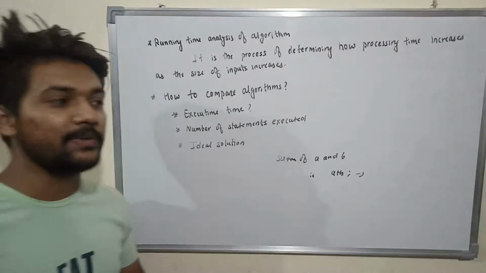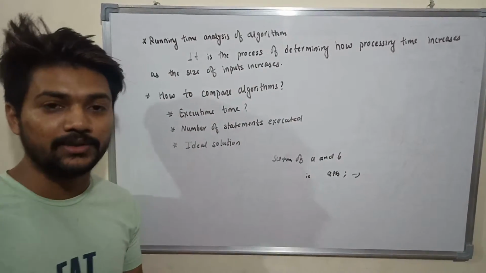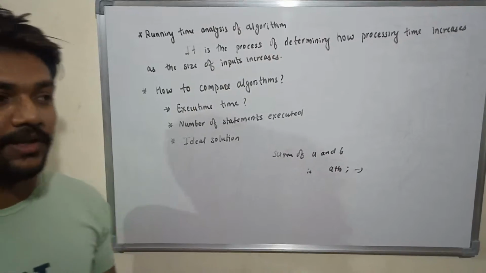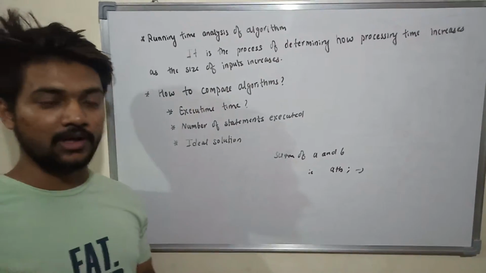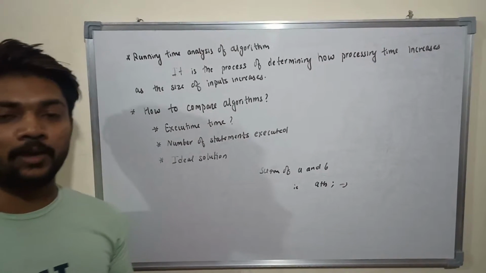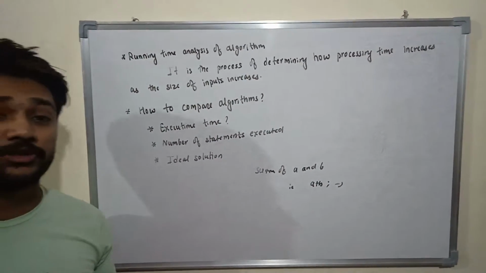Execution time actually depends on various factors of the computers, such as the processor, how powerful the processor of a computer is. Let's take an example. There are two computer systems. One has the processor of i7 and the other has the processor of i5.